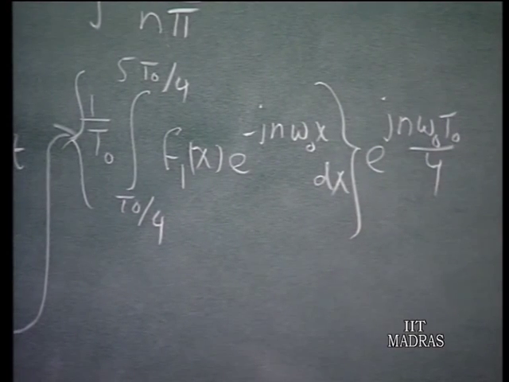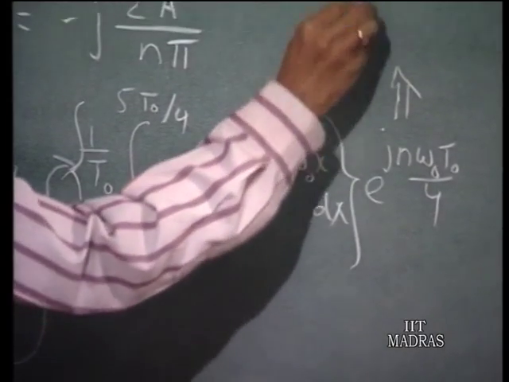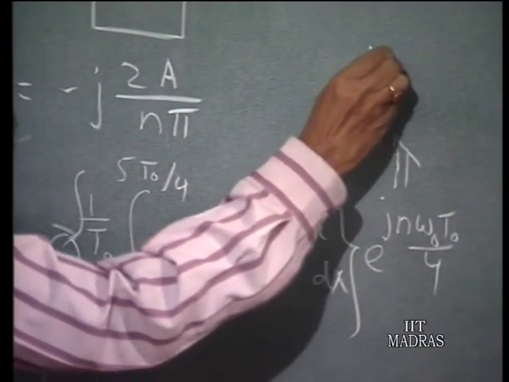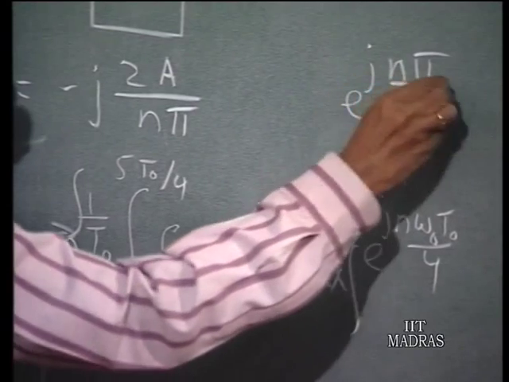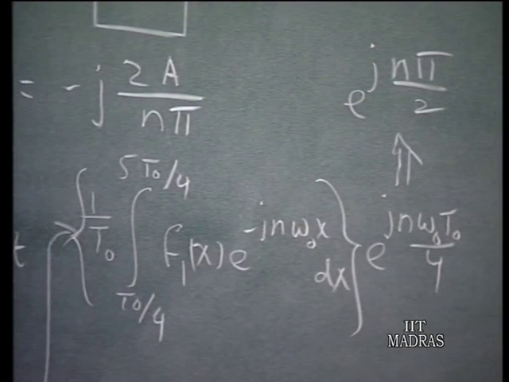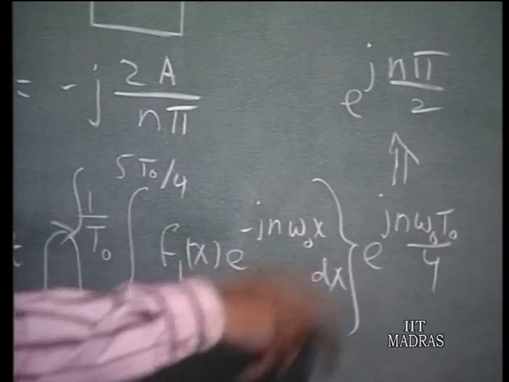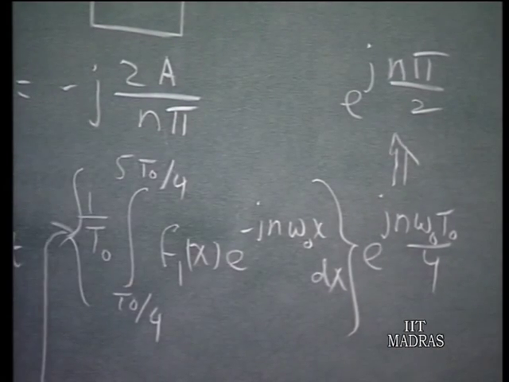E power jn omega naught t naught upon 4 is of course e power jn pi upon 2, because omega naught t naught equals n pi upon 2. So, this will now become this multiplied by e power jn pi by 2.